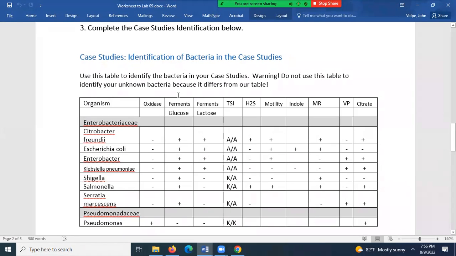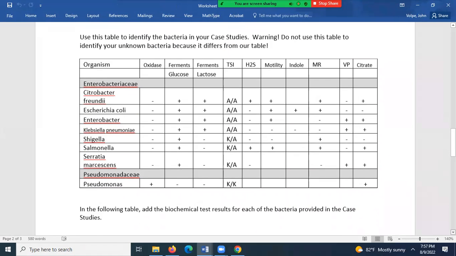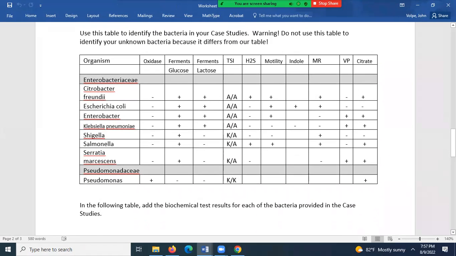Use this table to identify the bacteria for your case studies for this lab only. Do not use this key to identify your bacterial unknown or for any other lab. This key is only set up for this lab.